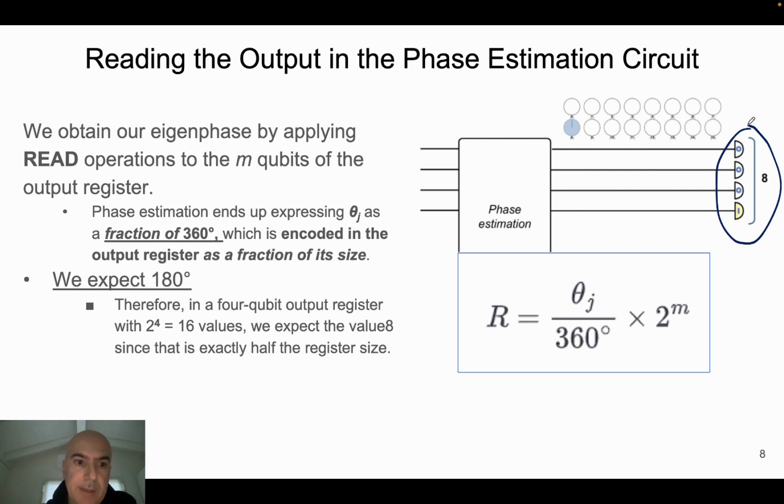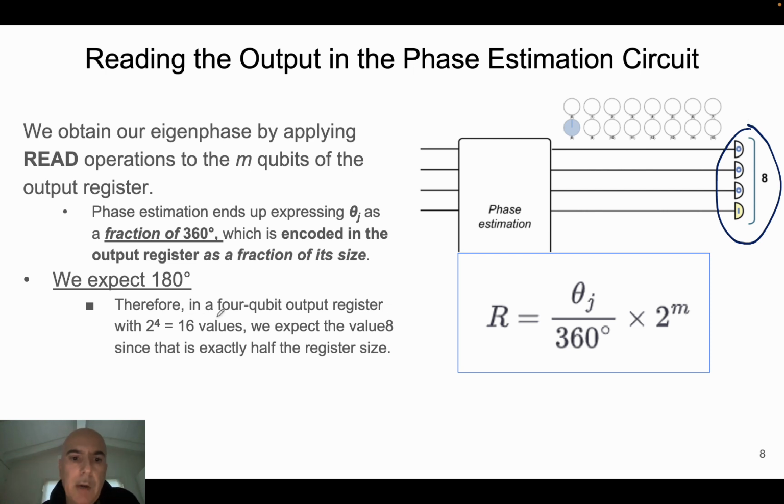In this particular case, we know that this particular eigenstate we expect to have an eigenphase of 180, because the global phase is flipped by 180 degrees.